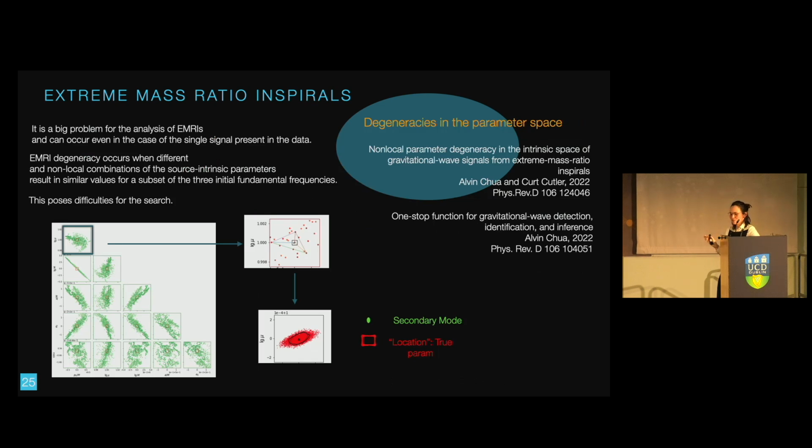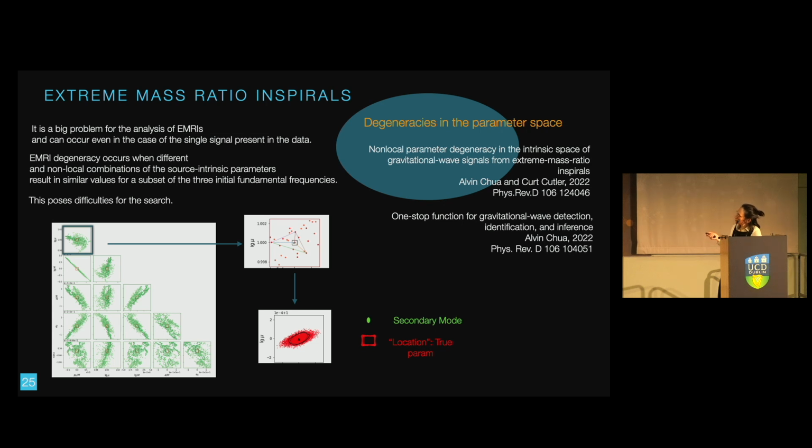So waveforms are hard. They're hard to make fast, but also the parameter space is very complicated. There have been two works recently from Alvin Chua, where he described how degenerate the parameter space is, and how hard it is to search through it.